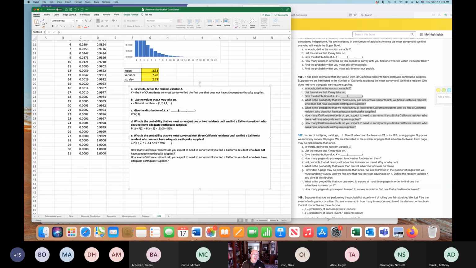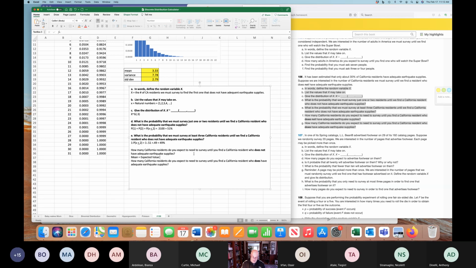Okay. How many California residents do you expect to survey until you find a California resident who does not have adequate supplies? Well, this is the mean, which also is equal to expected value. You could use both terms.